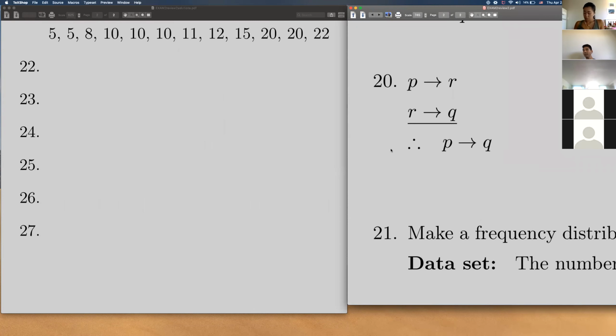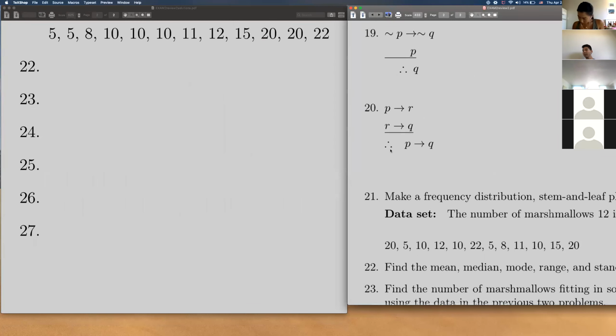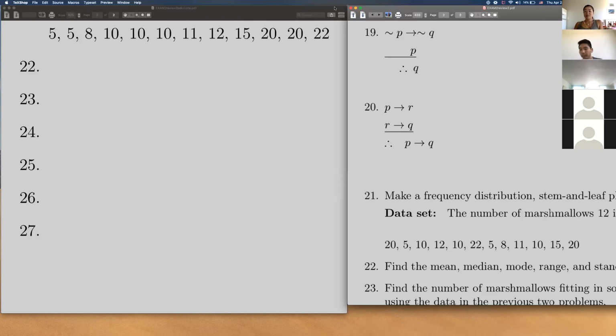Okay, so 21. This is the question where you have to make the frequency distribution, stem and leaf plot, and so on. I'm going to actually switch to the whiteboard for this one.